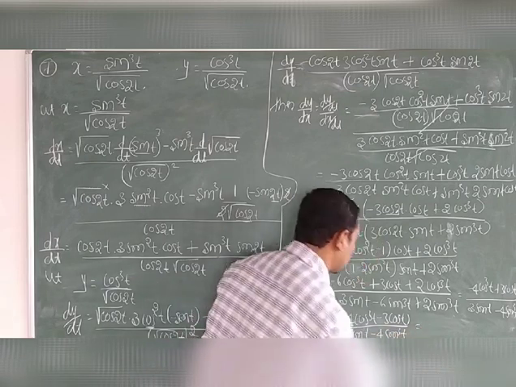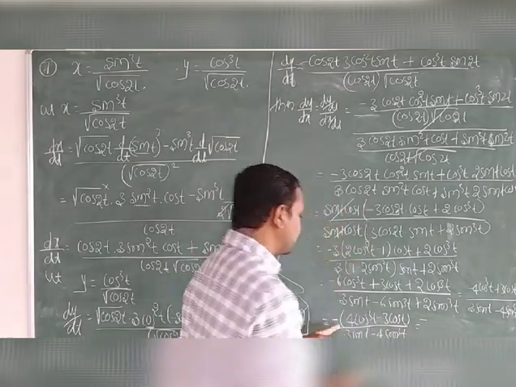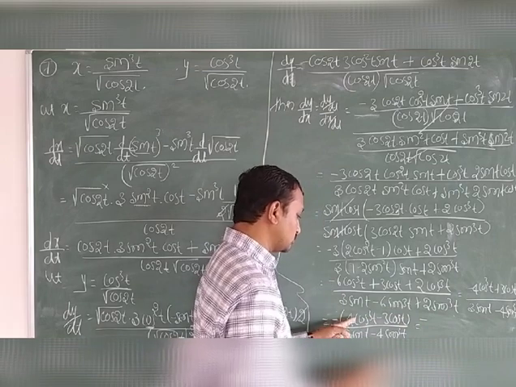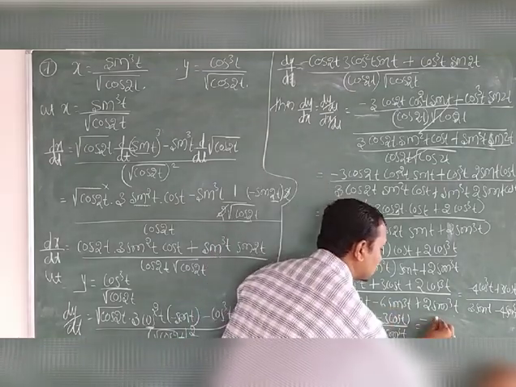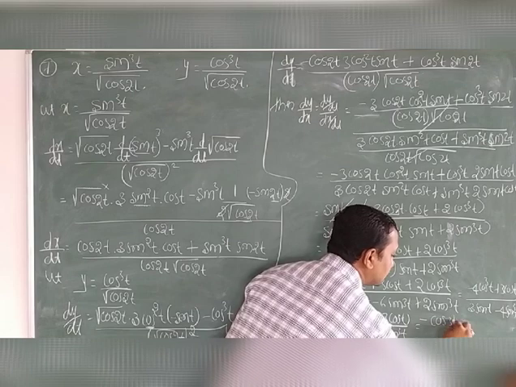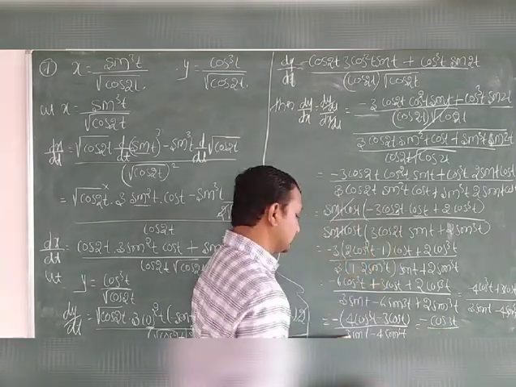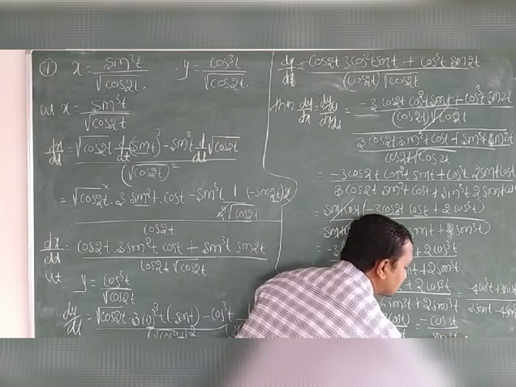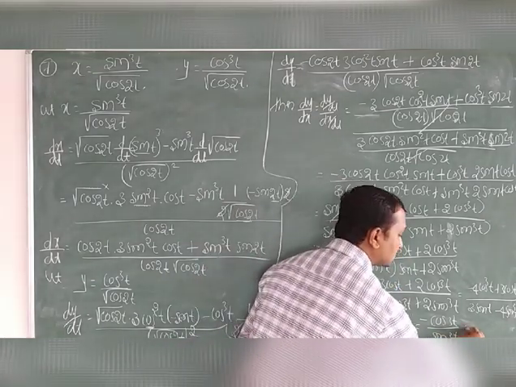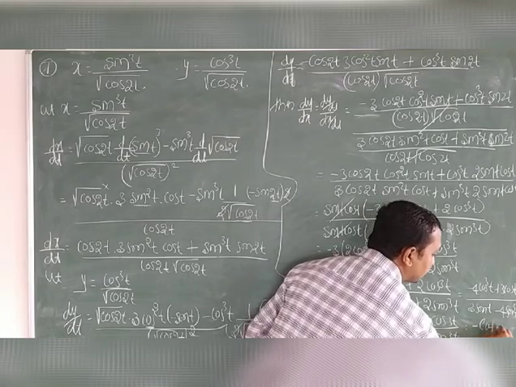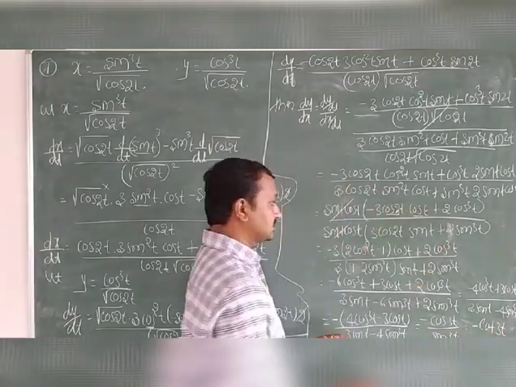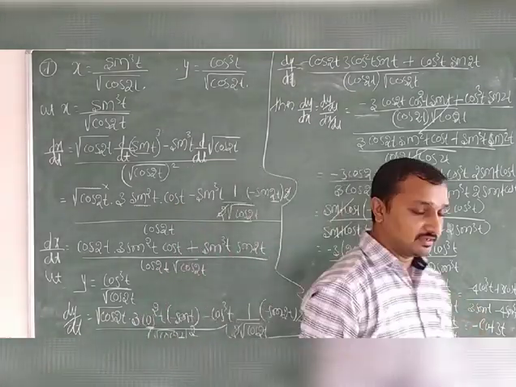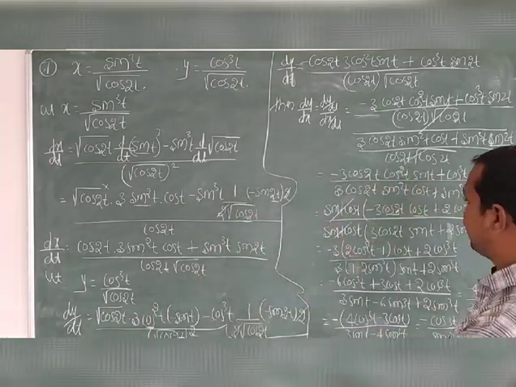So minus keep as it is here: 4 cos cube t minus 3 cos t is nothing but the cos 3t formula, whole divided by 3 sin t minus 4 sin cube t, which is the sin 3t formula. So the answer is minus cot 3t. Is that clear? So here students, listen, this is a very lengthy example.